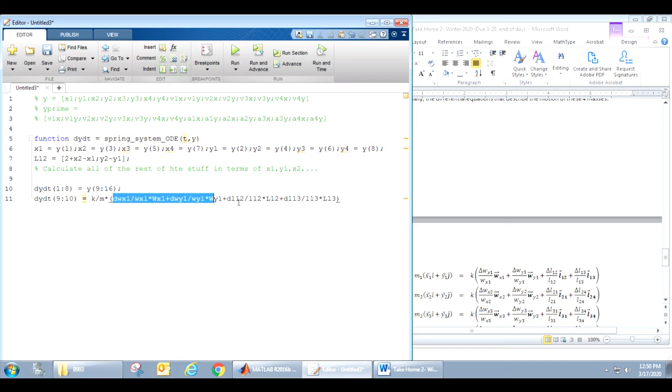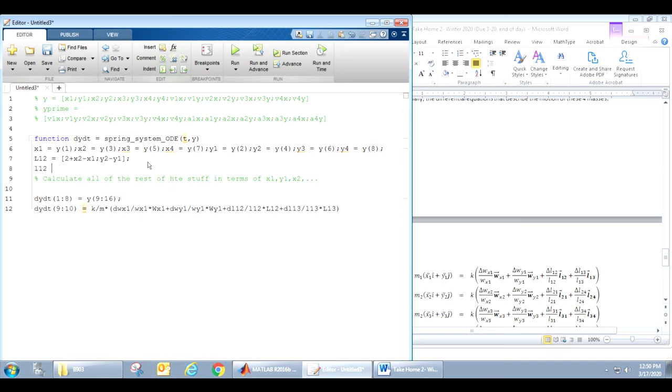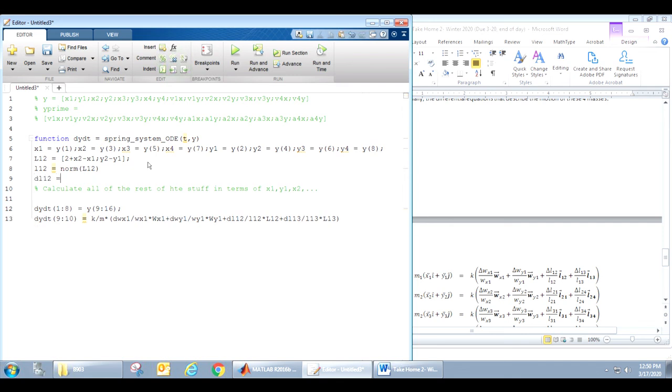In this expression, I already know one of the things. L12 is something I've already calculated. It's right here. And L12 is going to be the norm of L12. It's the length, the magnitude. And then dL12, it says in the homework file that that's equal to L12 minus 2.